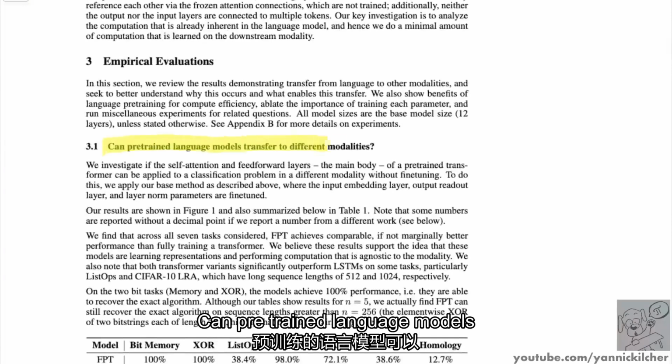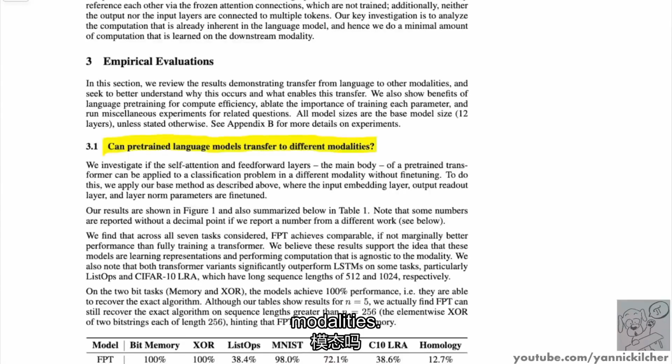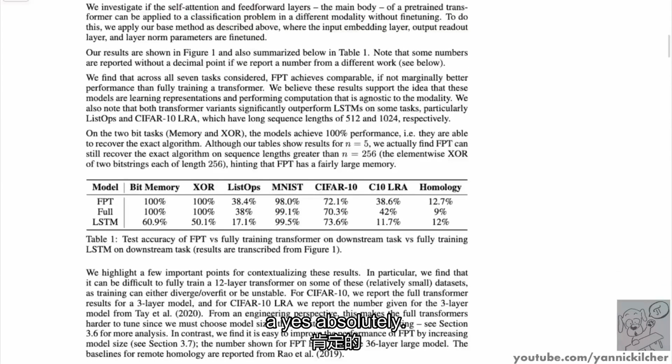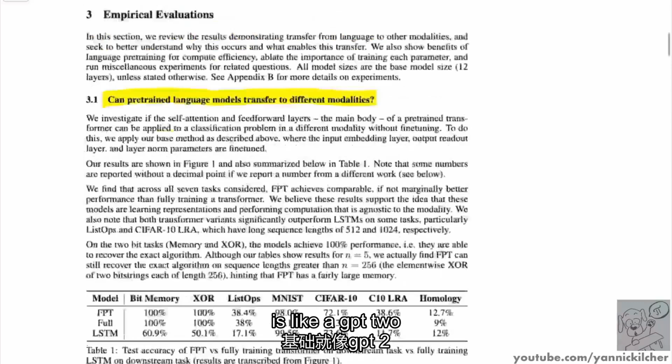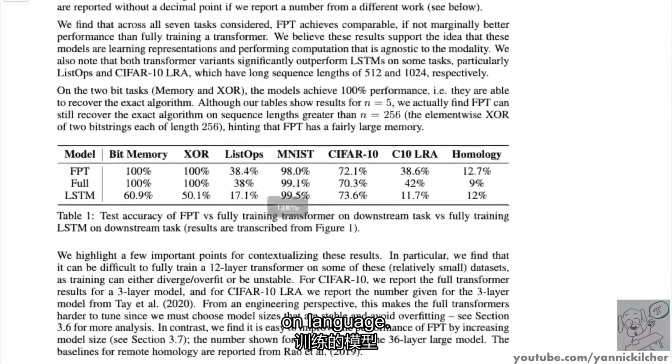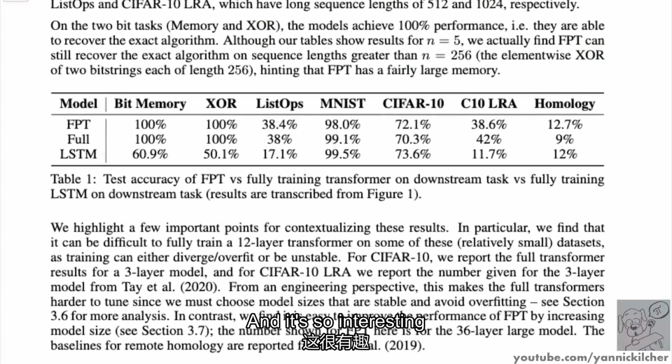Can pre-trained language models transfer to different modalities? And the answer here is going to be yes, absolutely. So their base model is a GPT-2 model that is trained on language. And it's so interesting that if you transfer it to these tasks, and you can see right here, these are the results from figure 1, just what you saw in the bar diagram again.